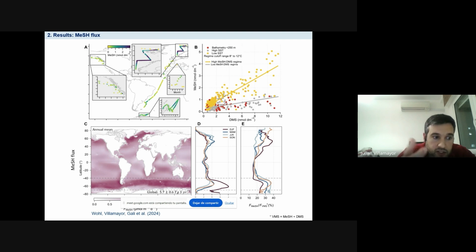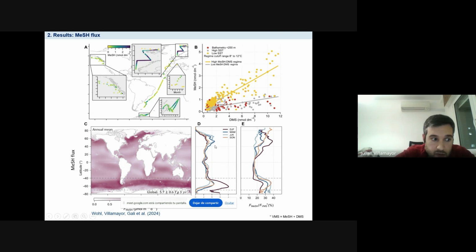Finally, combining the resulting fields of the seawater methanethiol concentration with concurrent data of SSTs and wind speed at 10 meters, which are the variables on which the sea-to-air flux depends most, they were able to calculate the sea-to-air flux of methanethiol, which resulted in 5.7 teragrams of sulfur per year.